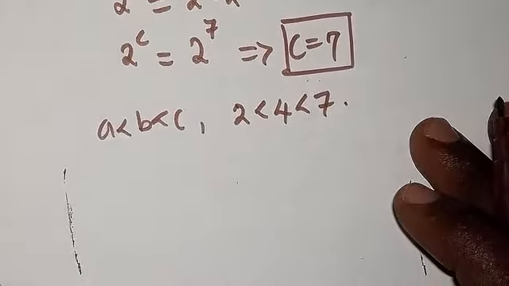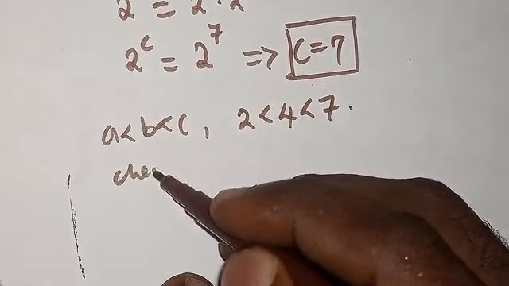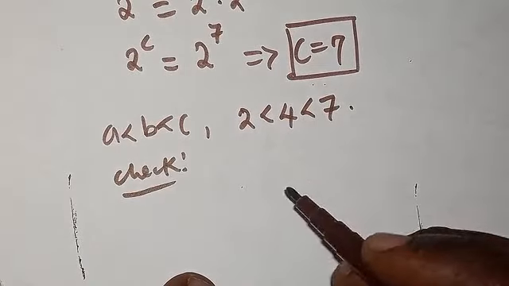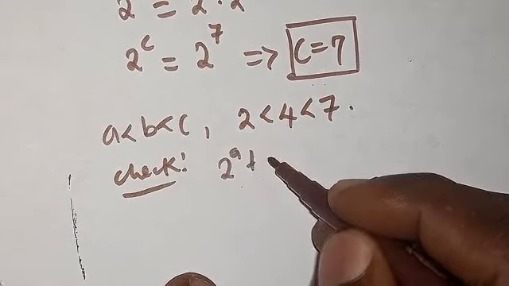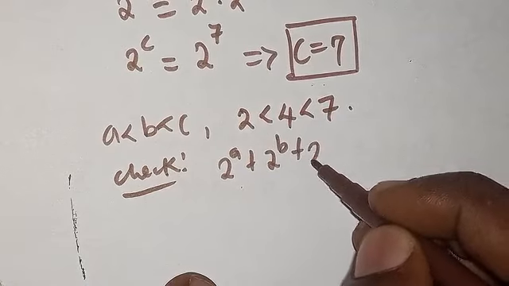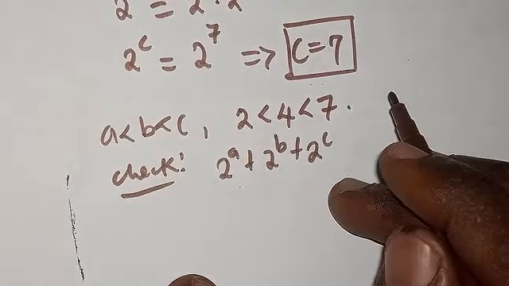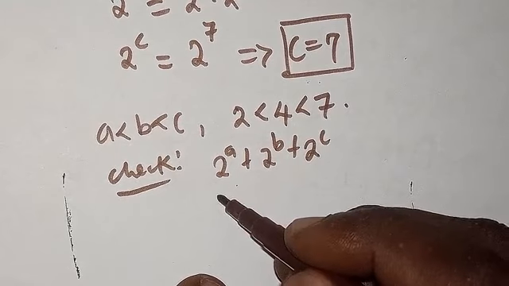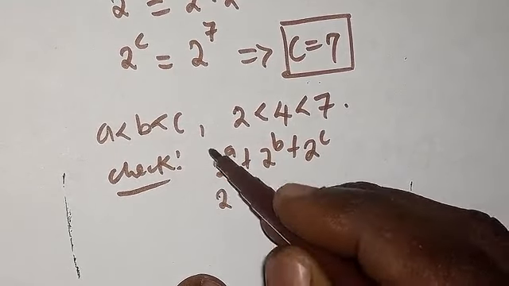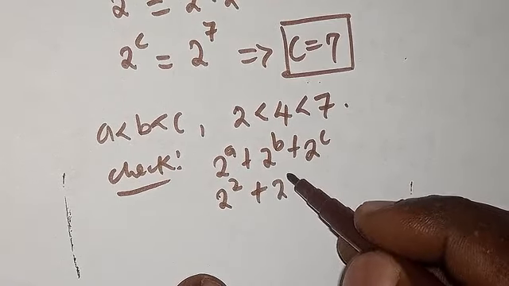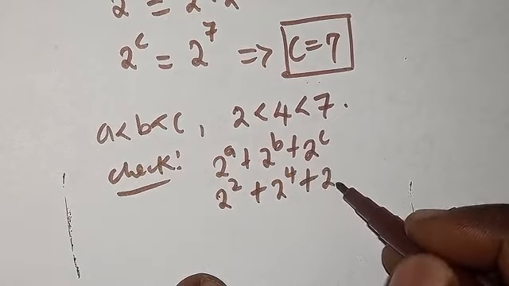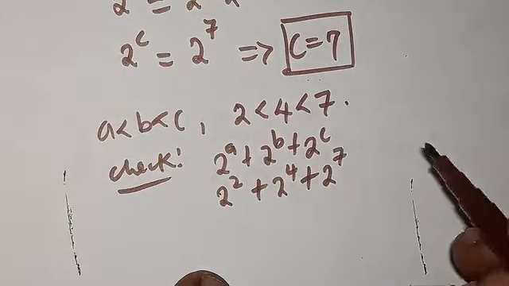So now let's check whether we are right or not. Check. If you want to check, let's bring down the equation that says 2^a plus 2^b plus 2^c. So let's see whether we are going to have 2 to the power 2 plus 2 to the power 4 plus 2 to the power 7.